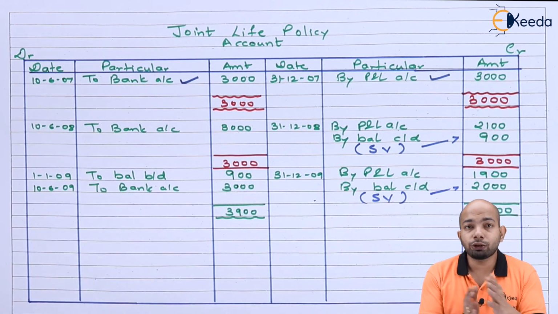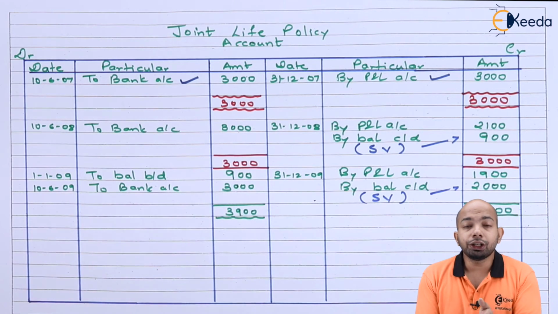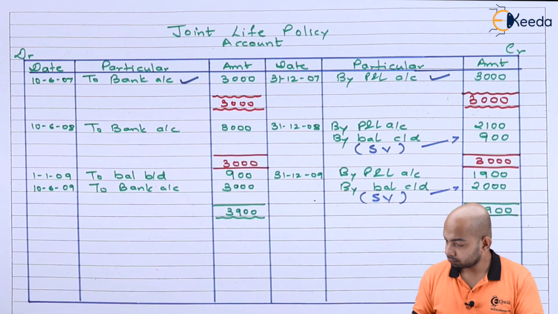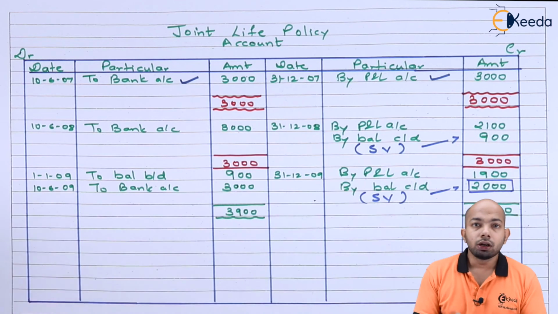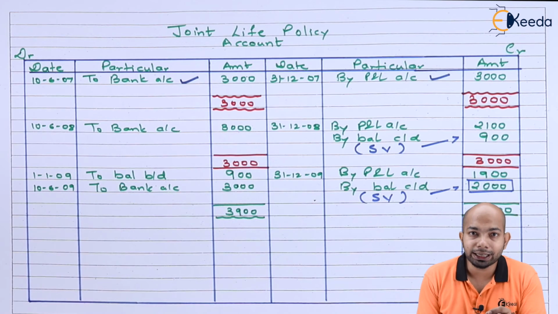Now accordingly, you have to figure out what is the total on the credit side. But before that, you need to make sure that the surrender value is mentioned first. So if 2000 is the surrender value of this specific year and 3900 is the account balance, so the balance 1900 is the premium that we have paid ideally.